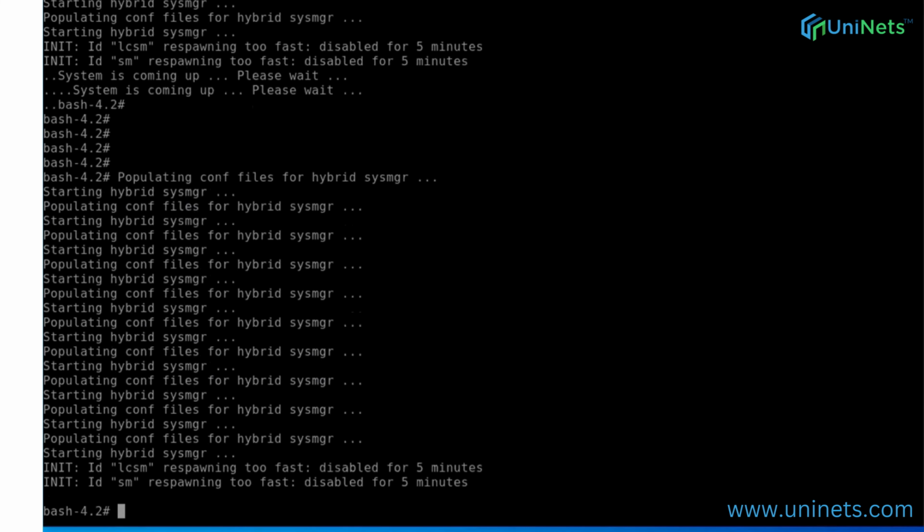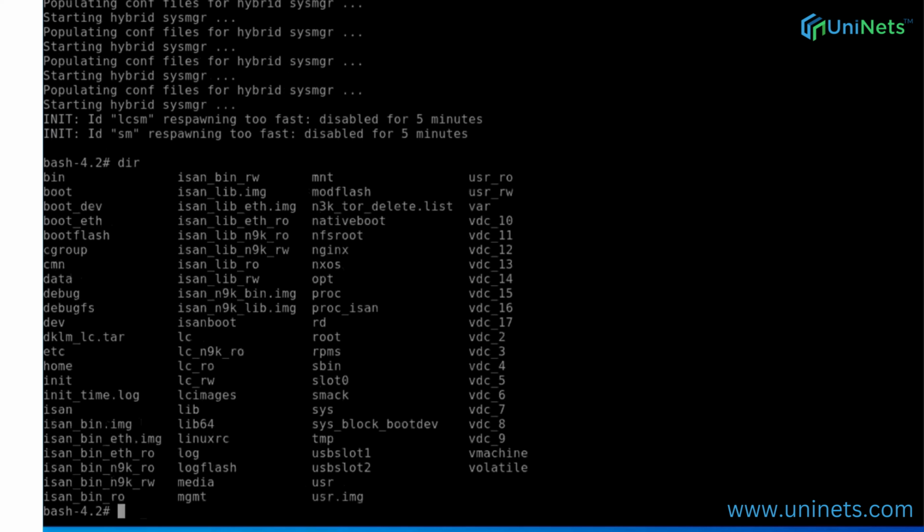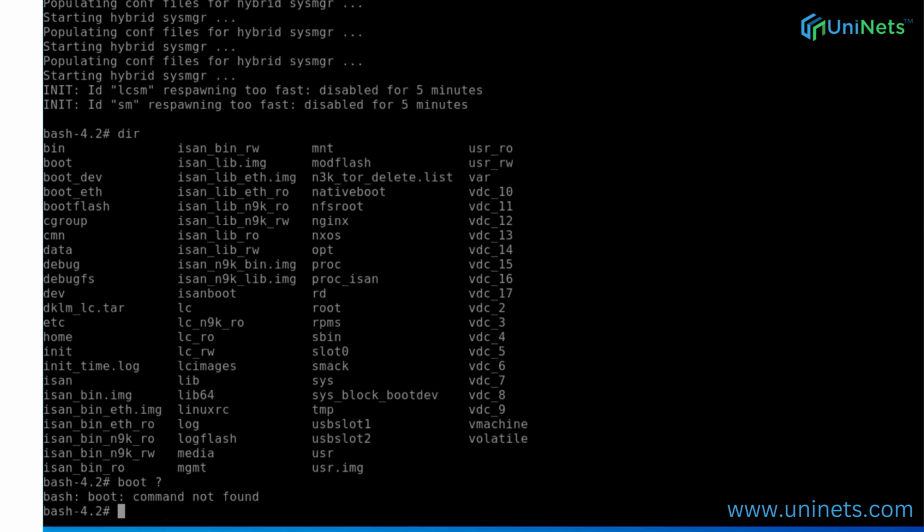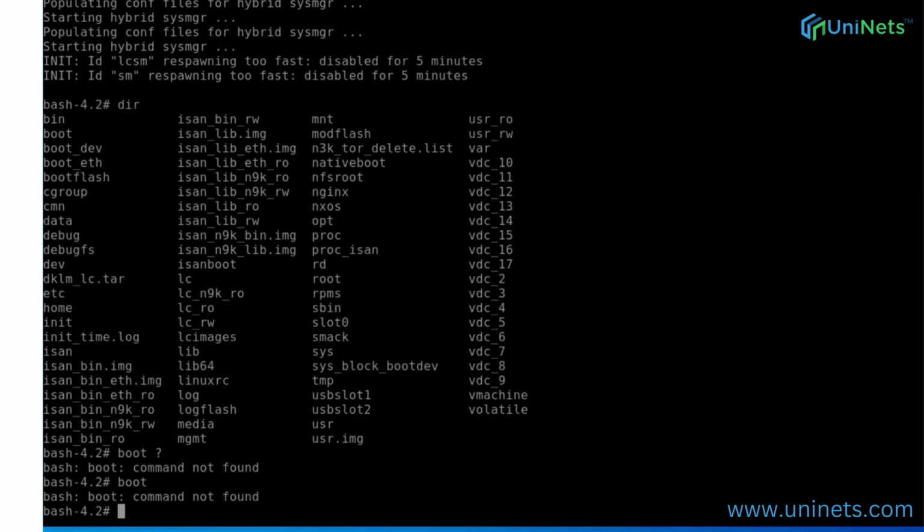What is this bash? CD boot flash. Enter.